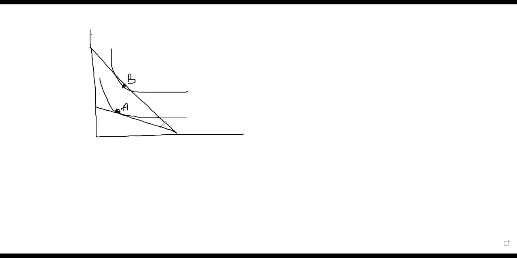Okay, so we're saying we have the following points. This is 60, this is 40, and this is 80. And we are told that at A, the price of good X is 5 kwacha.